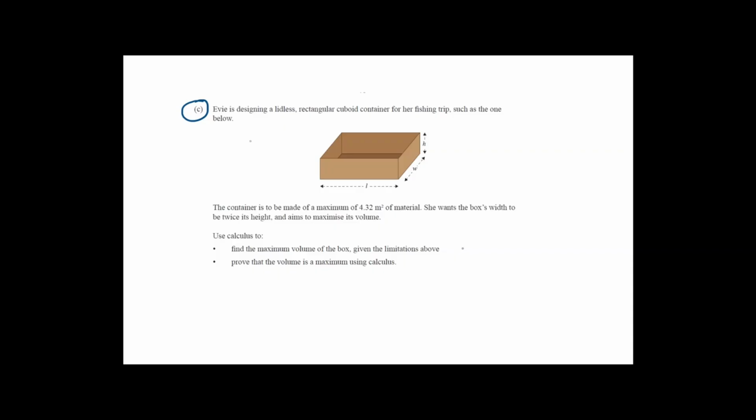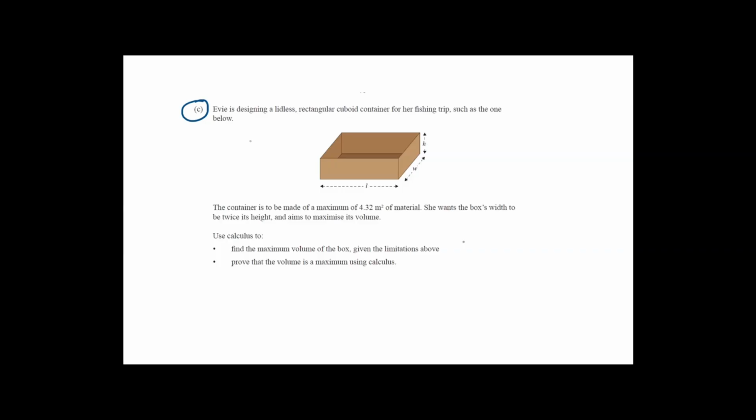So Evie is designing a lidless rectangular cuboid container for her fishing trip. She could just buy a box, such as the one below. The container is made of a maximum of 4.32 meters squared of material. So she's got the wherewithal to build boxes from scratch, but not enough to just go down the supermarket and get a box.